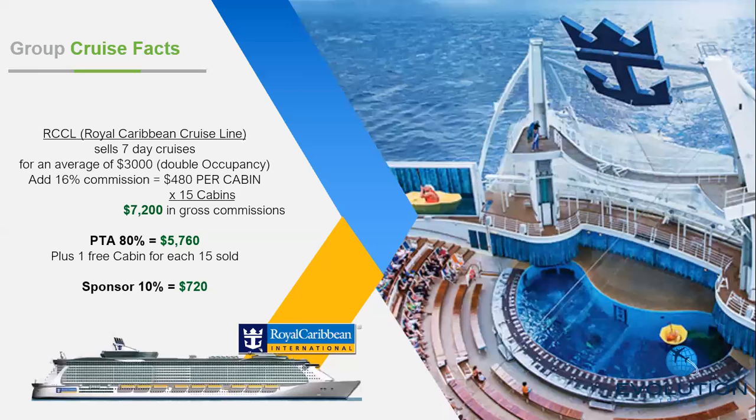So you book 15 cabins, not only do you get a nice healthy commission, but you also get a free cabin. And always add the excitement after that by saying, how does that sound? Isn't that nice? You not only get commission, but you also get a free cabin. It may seem cliche or corny, but what this does is it shows your excitement in the presentation, and it's also going to make the audience excited as well.